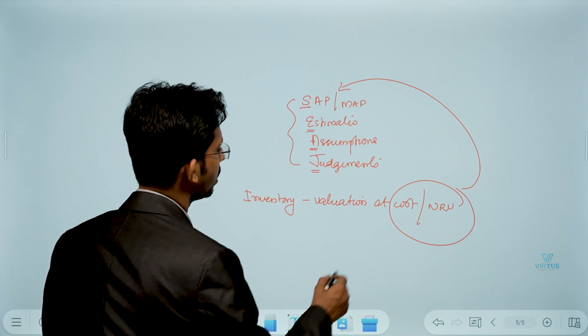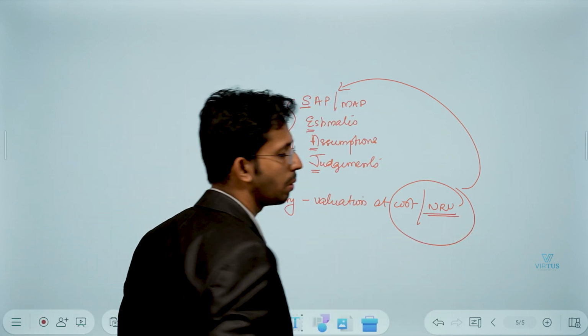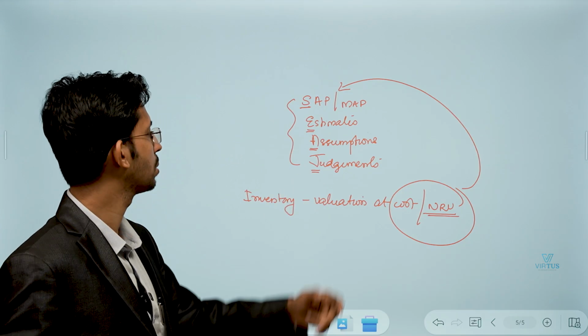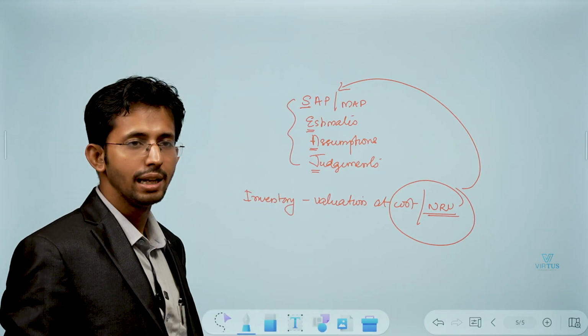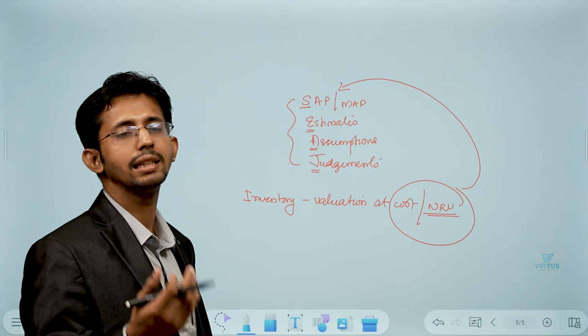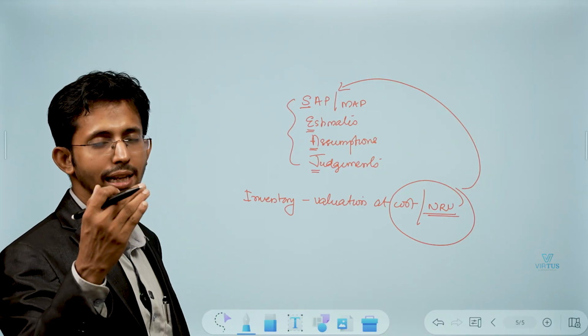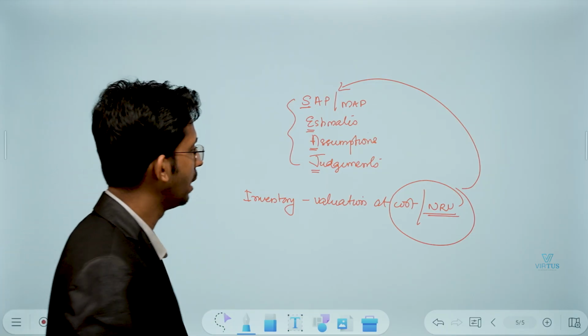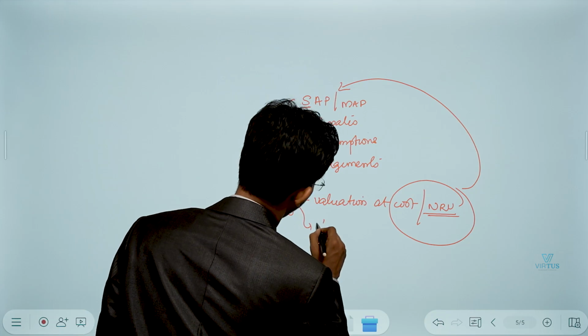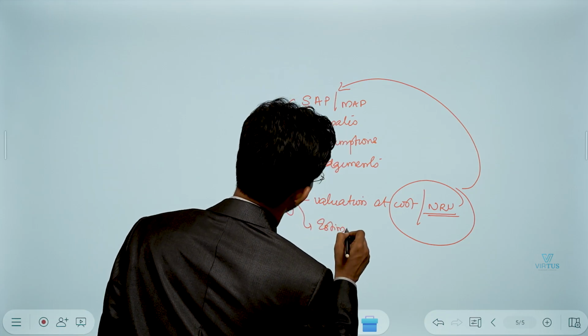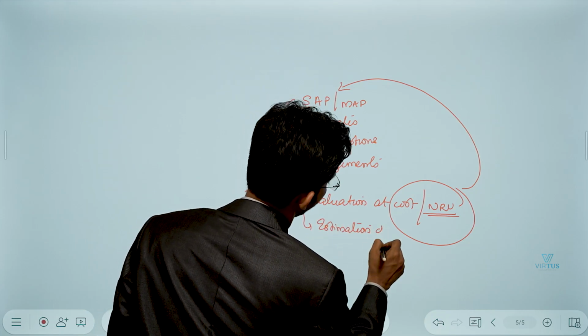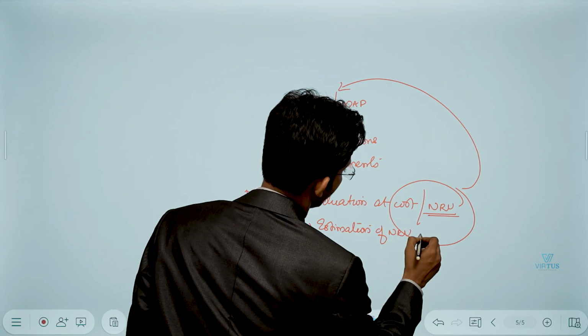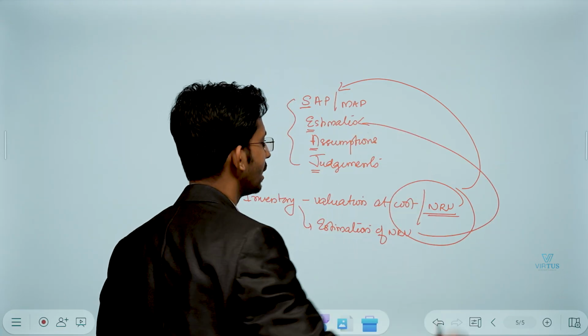You have to determine the net realizable value. For each item you have to declare the net realizable value. How net realizable value is computed or declared is mentioned in IND AS 2 on inventories. So the estimation of NRV, that is the accounting estimate.